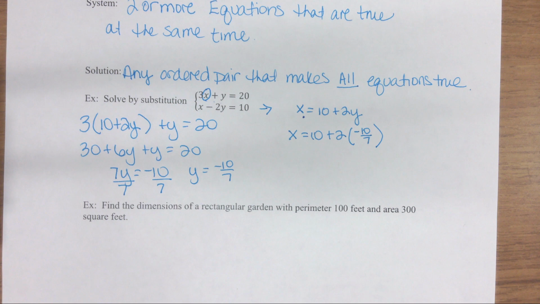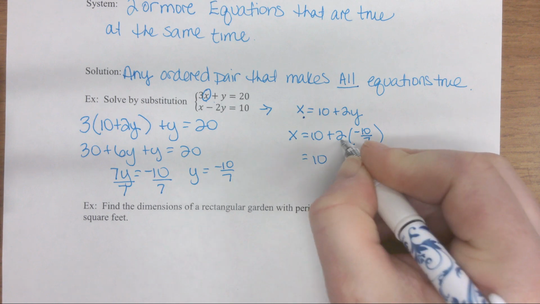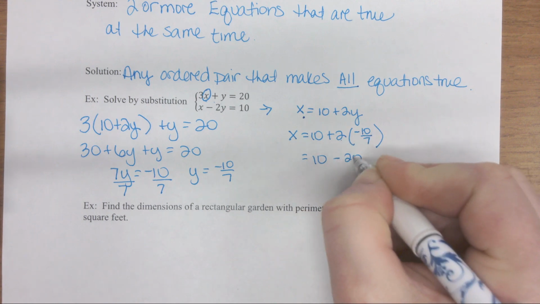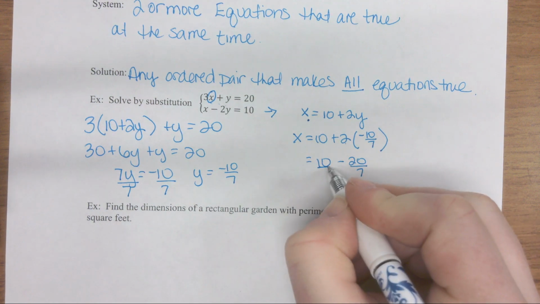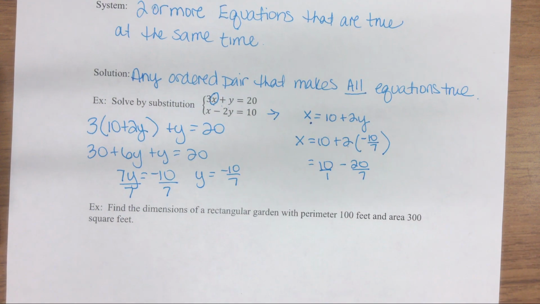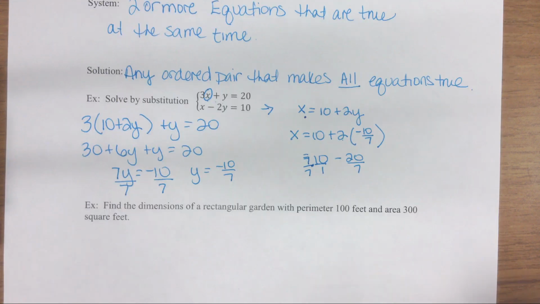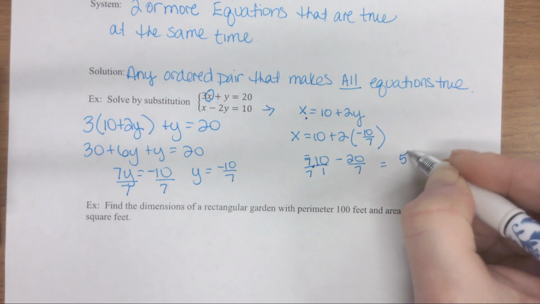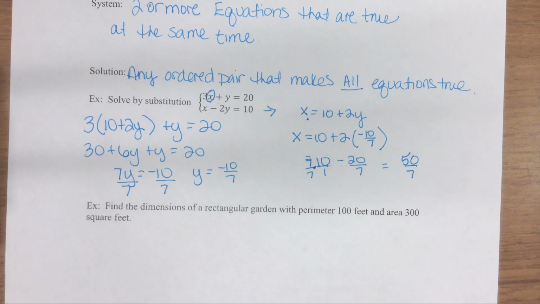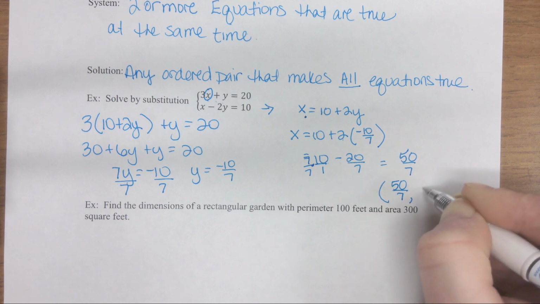Just because it's always good to practice fractions. This is 10 minus 20 over 7, agreed? I'm going to put this over 1 and multiply by 7 over 7. What's 70 minus 20? This is 50 over 7. So your ordered pair is 50 sevenths, comma, negative 10 sevenths.